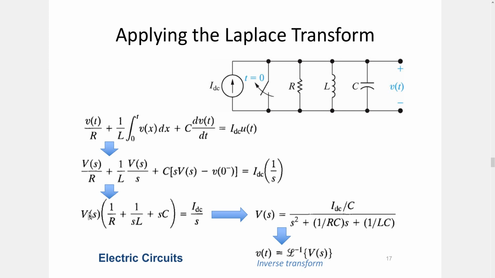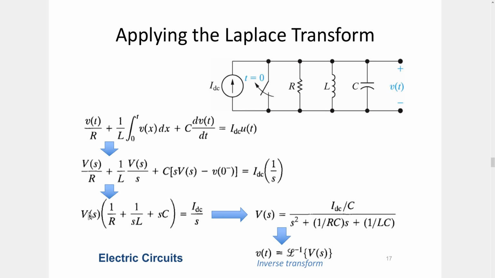Now, once we obtain this solution, we need to go back into the time domain because mostly it's easier to perceive, as we are bounded with space and time. So we need to go back. How can we do it? We do it with the inverse transform.